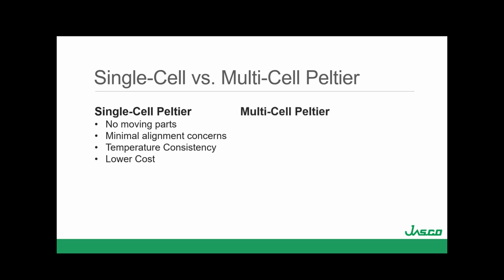However, I can tell you from experience, there are a lot of advantages to the multi-cell Peltier. Number one being you get to do multiple samples. It's not like RT-PCR. You're not doing library screens, right? But you have a four cell holder in which you can run replicates. You can do different conditions.